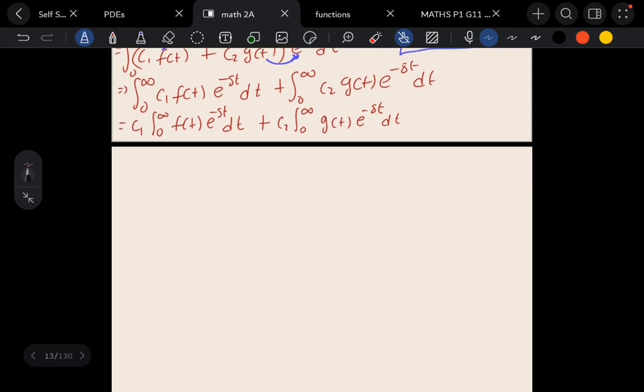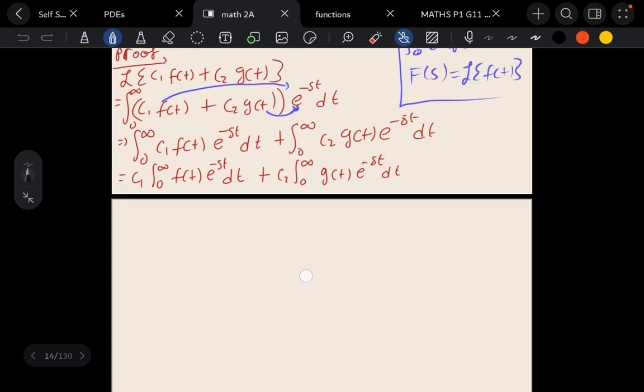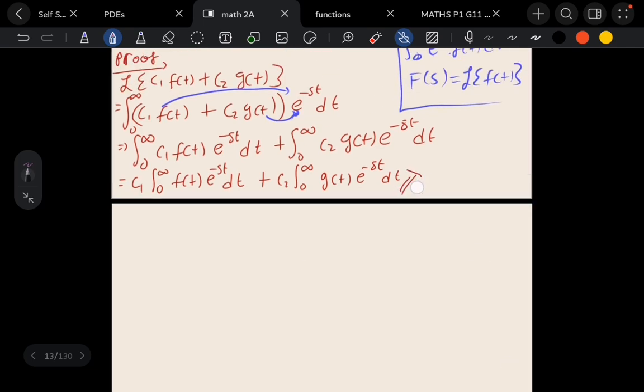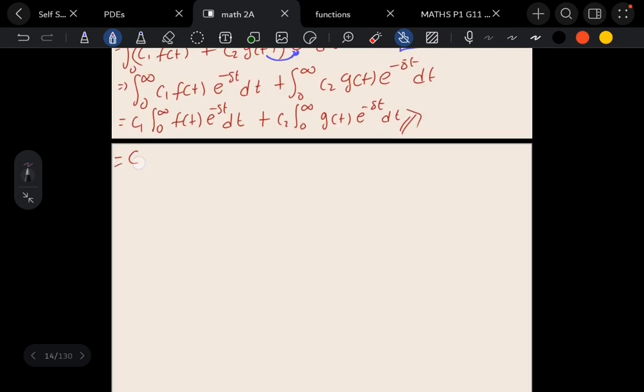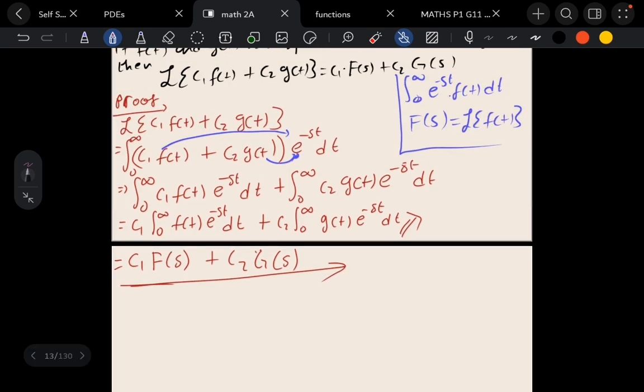All right. So what we are left with in this step is C1 F of s plus C2 G of s. This is the final answer. So we have proven the linearity principle.